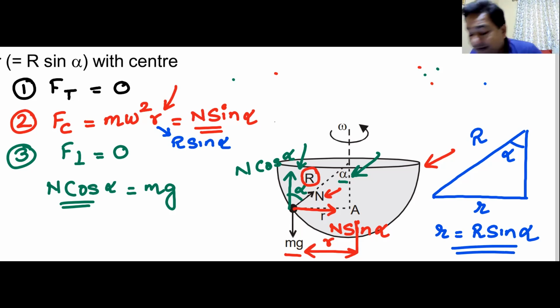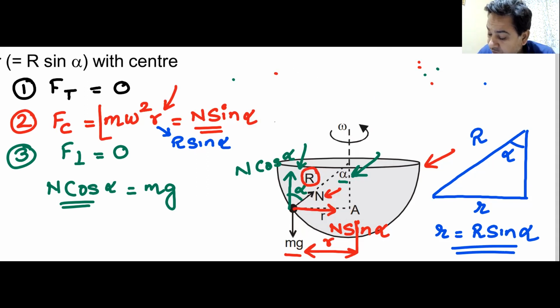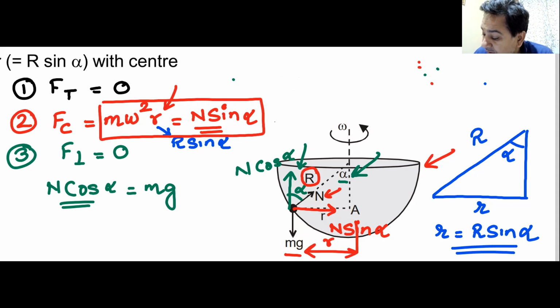Now, if I put it as capital R sine alpha, how does the red equation look like? Can anyone tell me what would the red equation look like? It would look like, oops, why am I writing N?